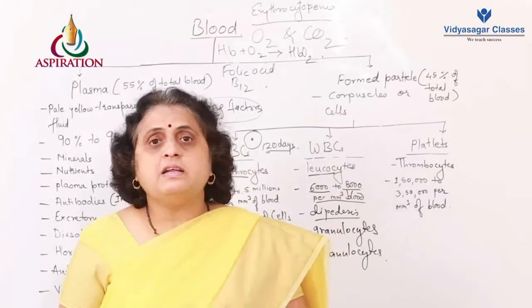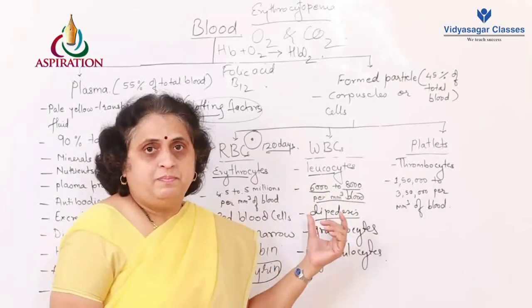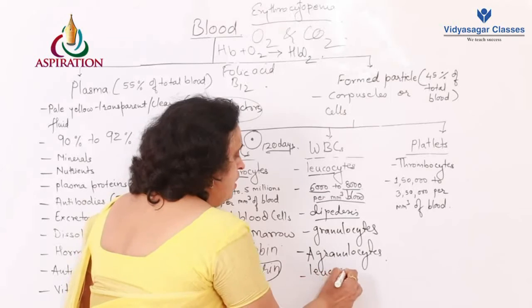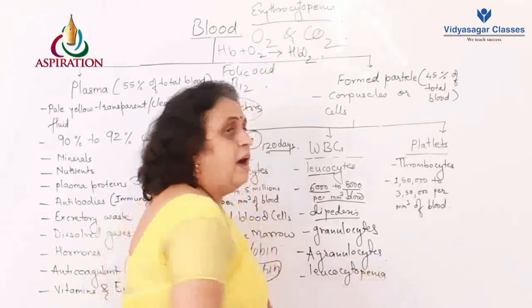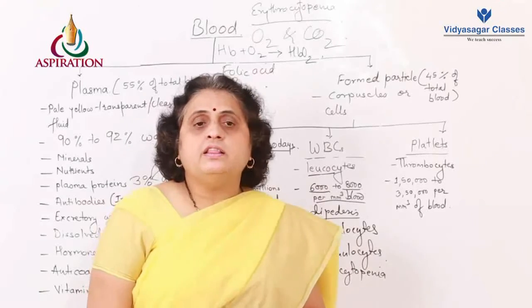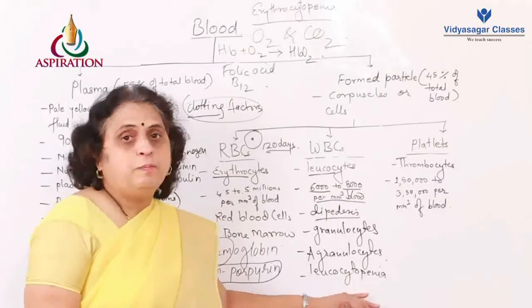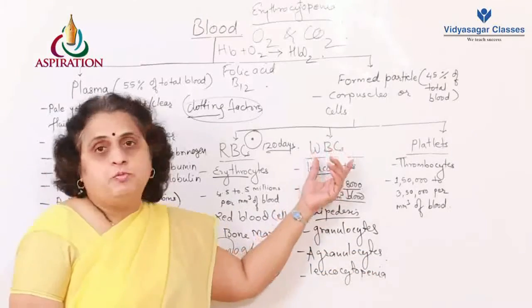The decrease in the WBC is called leukocytopenia. Leukocytopenia is an abnormal fall in the WBC.